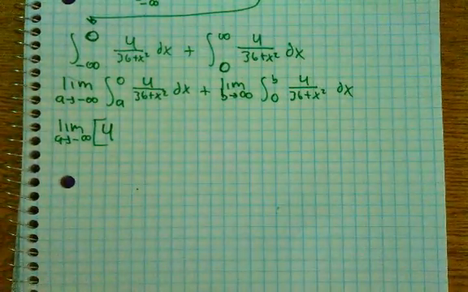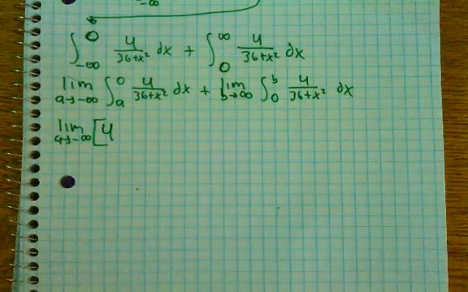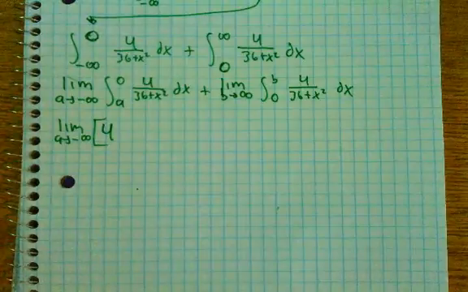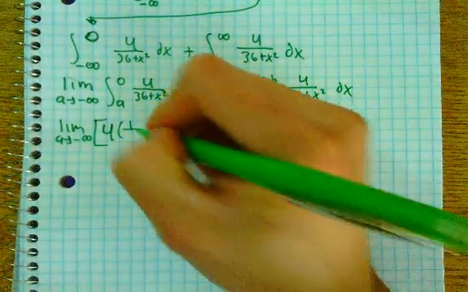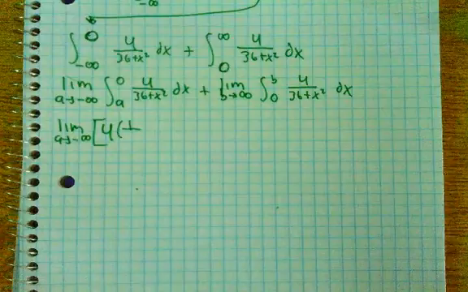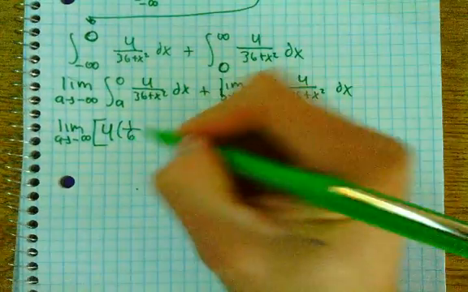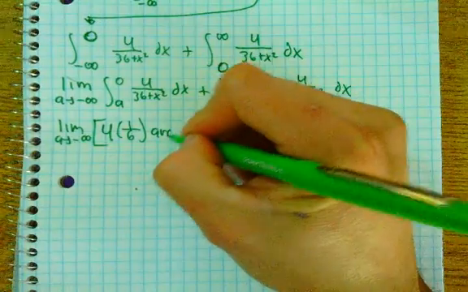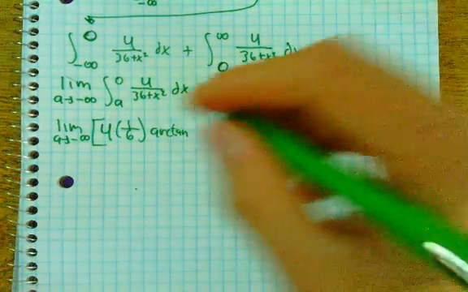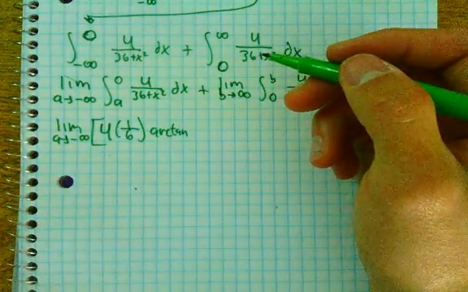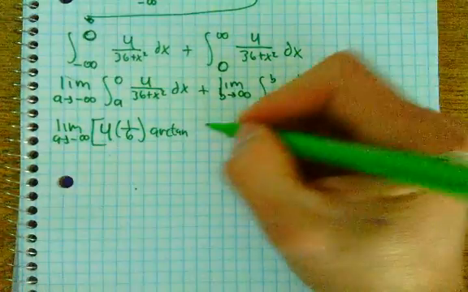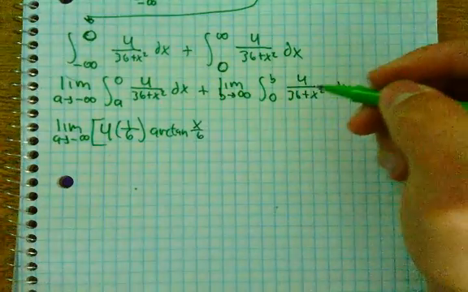The rule for arctangent says what? One over a, right? So times 1 over what's your a value in this, 6, times the arctangent of x over 6, right? And then we're going to evaluate that from a to 0.